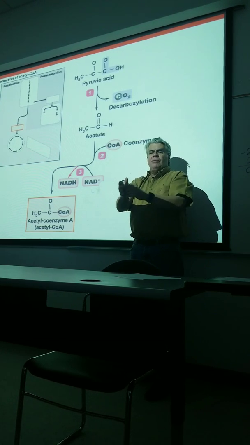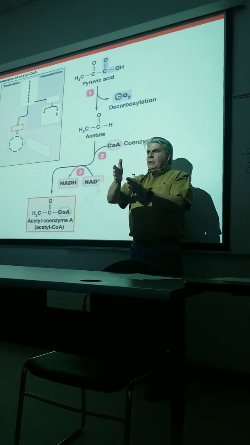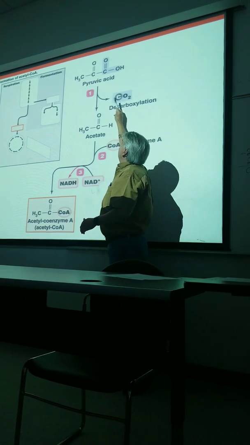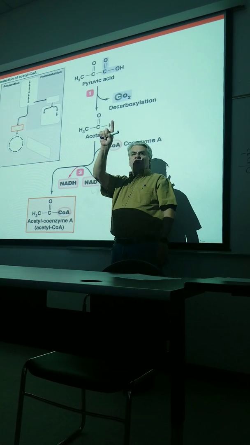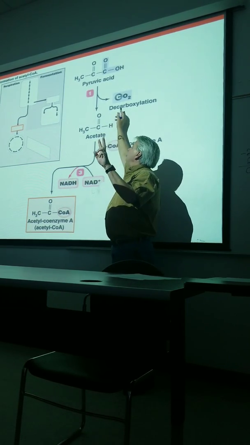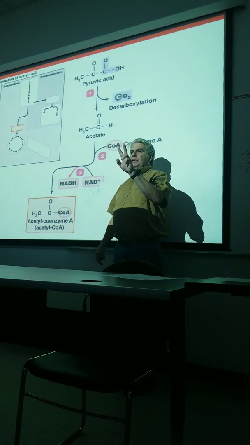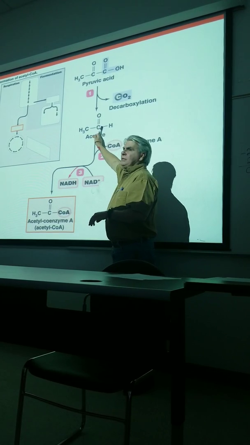What are we doing to it? We're chopping it up, right? So you just chopped off what right here? 2 carbons. So you went from 1 6-carbon to 2 3-carbon. You pull off 2 carbons, and now what do you have left? 2 2-carbons, right? 2 acetates. Does everybody follow me on that?